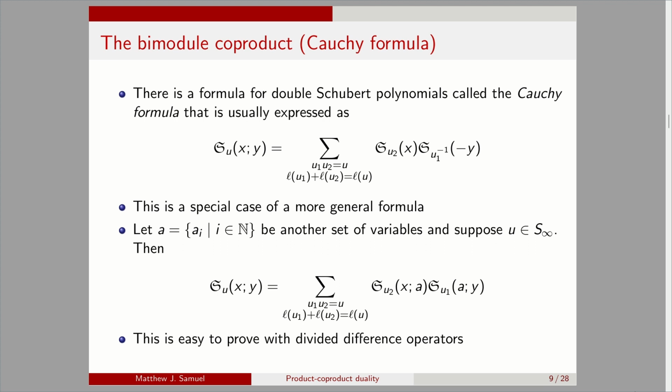Now there is a more general formula where we introduce another set of variables, a, specifically to write this coproduct, and the formula is exactly the same, except instead of S_{u2} of x, it's the double Schubert polynomial S_{u2} of x and a, times the double Schubert polynomial S_{u1} of a and y. If we set a to 0, this reduces to the ordinary Cauchy formula, and it's very easy to prove with divided difference operators.